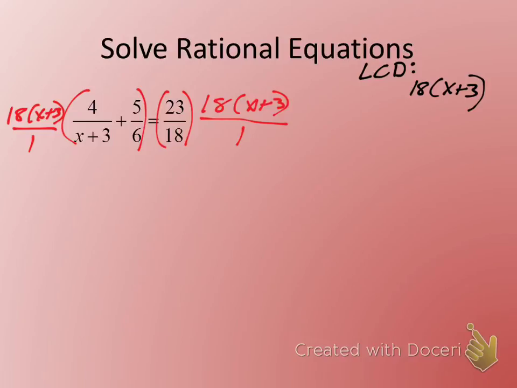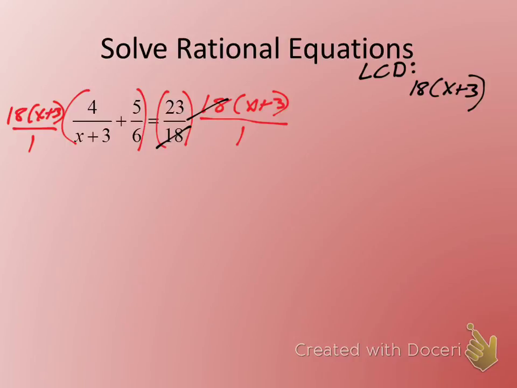We're going to start on the right side, because hopefully doing the right side first will help. If you multiply these together, this becomes just one big fraction. So you have 23 times 18 times x plus 3 on top, over 18 times 1 in the denominator. That leaves you with these 18s canceling out.